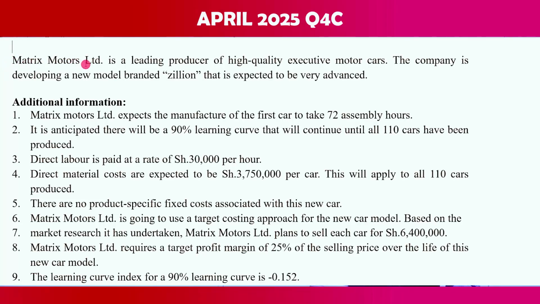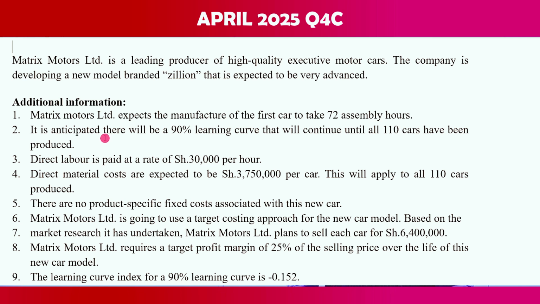Matrix Motors Limited is a leading producer of high quality executive motor cars. The company is developing a new model branded Zillion that is expected to be very advanced. Additional information: Matrix Motors Limited expects the manufacture of the first car to take 72 assembly hours.